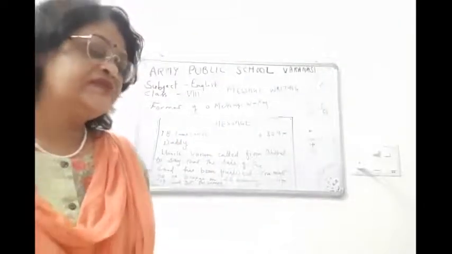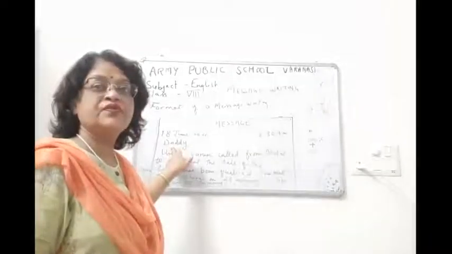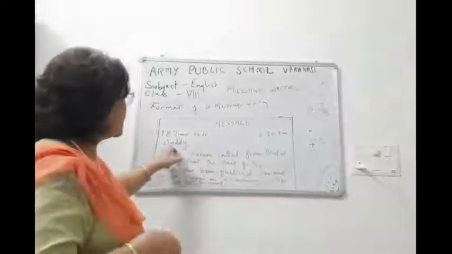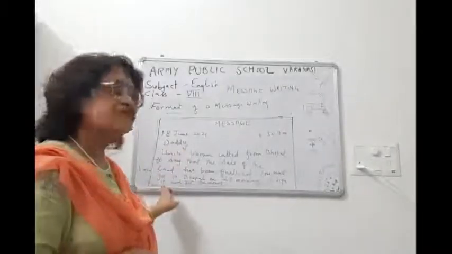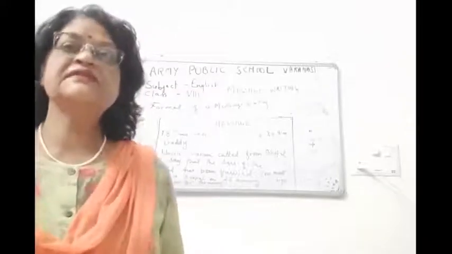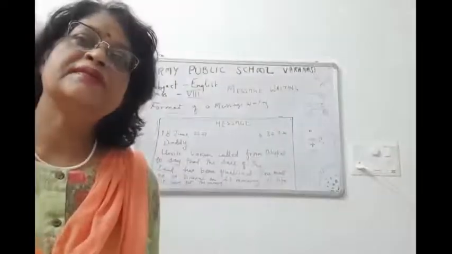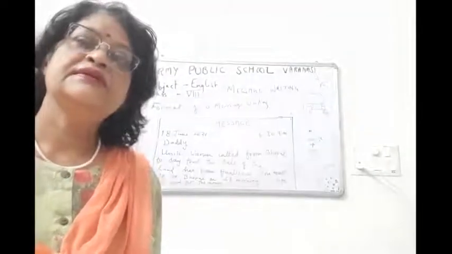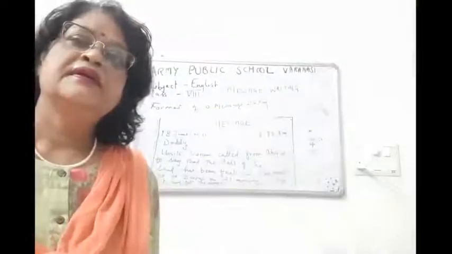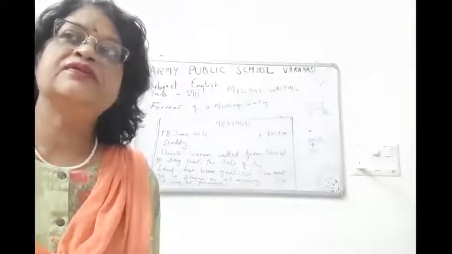Always remember children, in the salutation you will write the name of that person for whom the message has to be given, and in the signatory you have to write the name of the person who is writing the message. So this you have to see. All right, and then according to the format you will be writing your message.